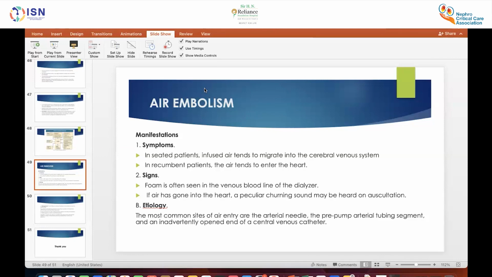So if you are giving saline and keep that open, you have given it for hypotension, and you gave the saline, 100 ml or 200 ml, and you kept that saline bottle open.